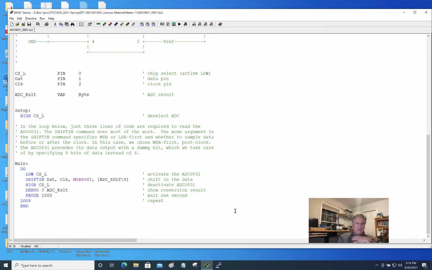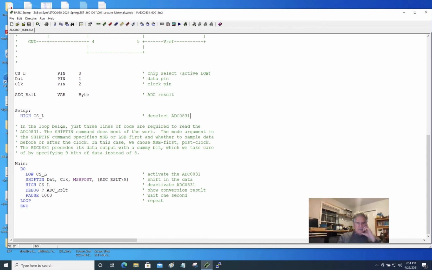Okay, so after all that, our program is rather simple. We give names to the clock pins. That's a good thing to do. And we have a byte variable called ADC result. So the first thing we do is we take the chip select high and we deselect the ADC 0831.